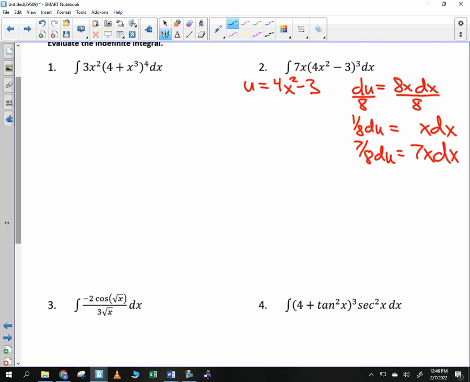Let's now see what I have for a substitution. I have the integral, and instead of a 7x dx, what can I put in place of 7x dx? 7/8 du. I like to put the du there. I like to put the 7/8 out front when I have a multiplier.